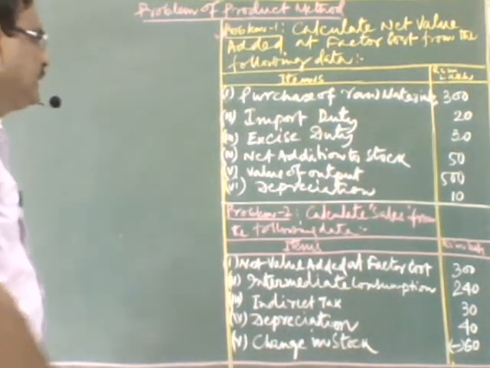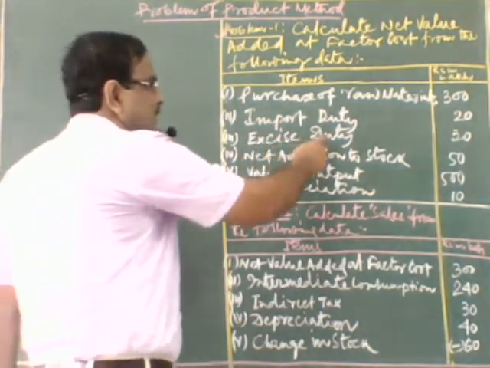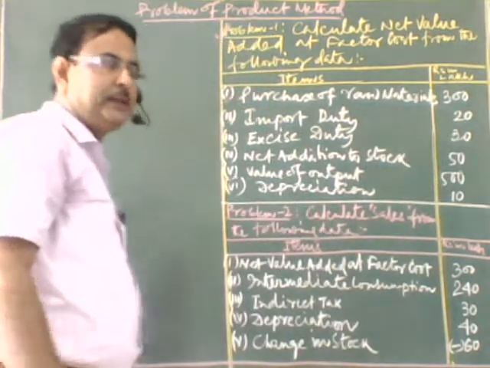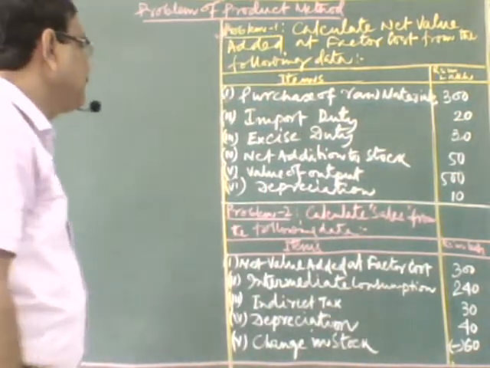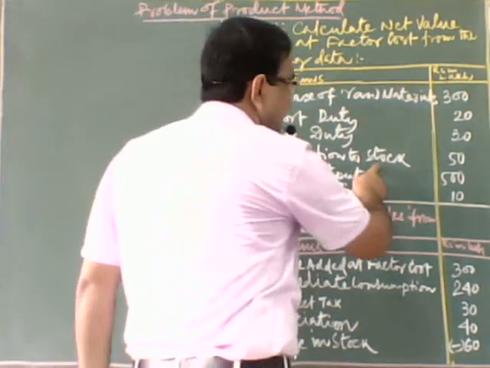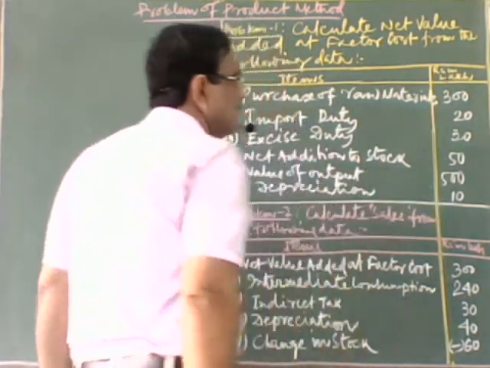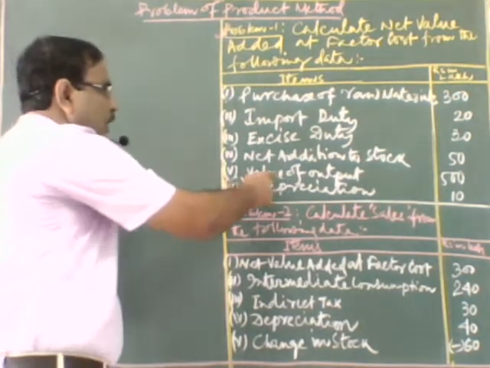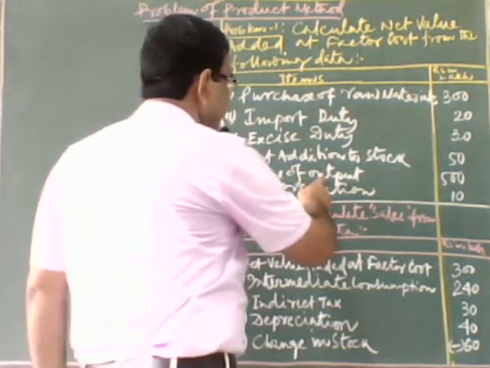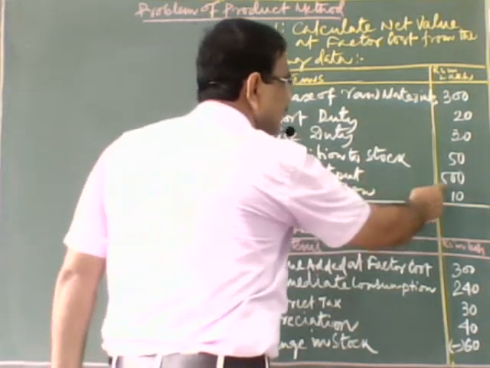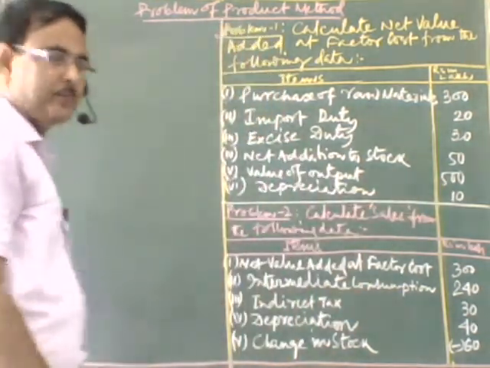Number 3, excise duty, that value is 30. Number 4, net addition to stock, that value is 50. Number 5 item, value of output, that value is 500.